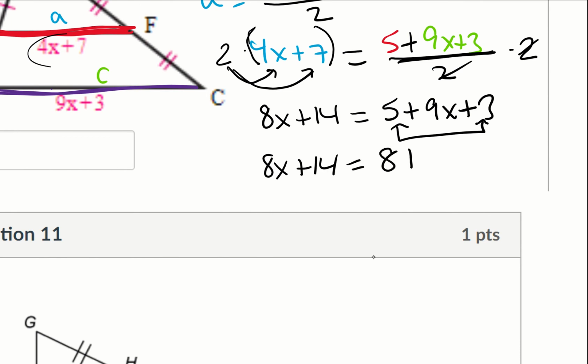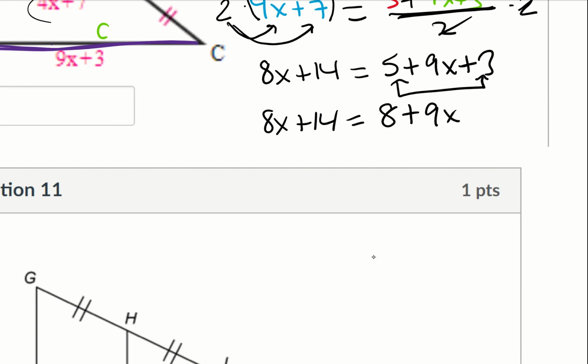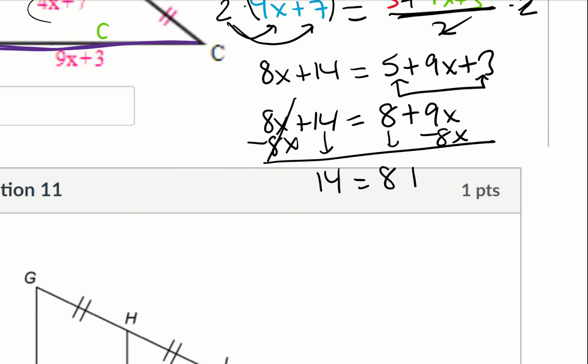So we have 8x plus 14 equals 8 plus 9x. Now I want to get a positive value for x, so I'm going to subtract 8x and move it to the right hand side, and that'll ensure that my x stays positive, 9 minus 8 being 1. And then make sure you bring down the rest of your numbers and the equal sign. Now we know that x is 6 because if I subtract 8, I will get 6.